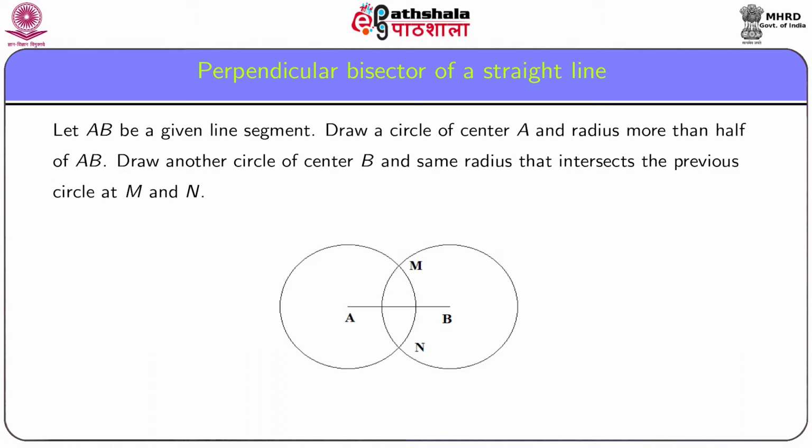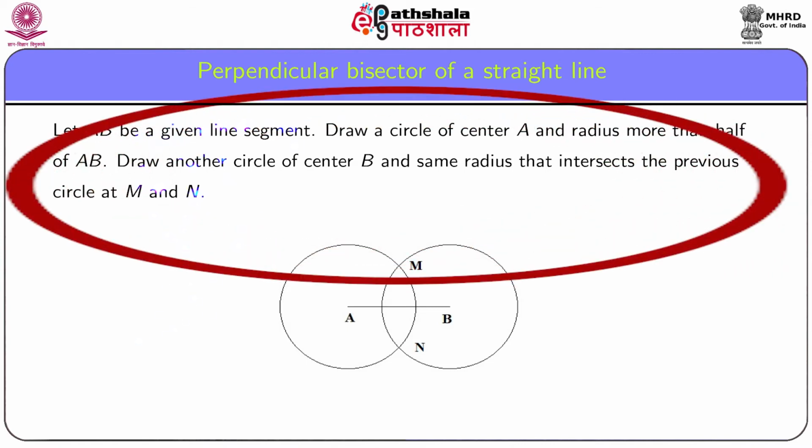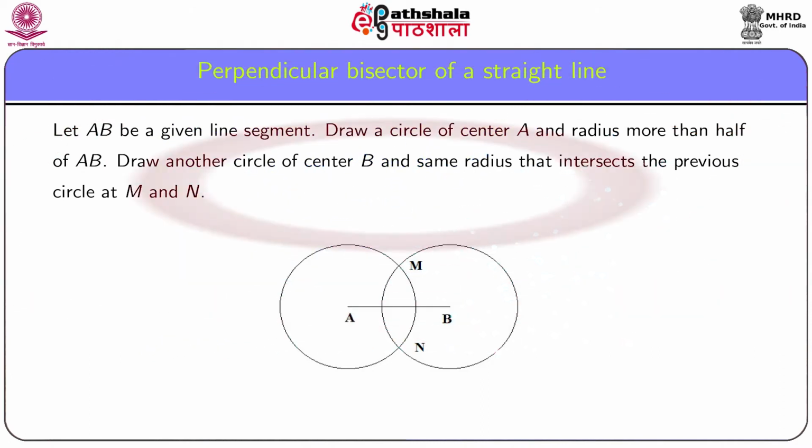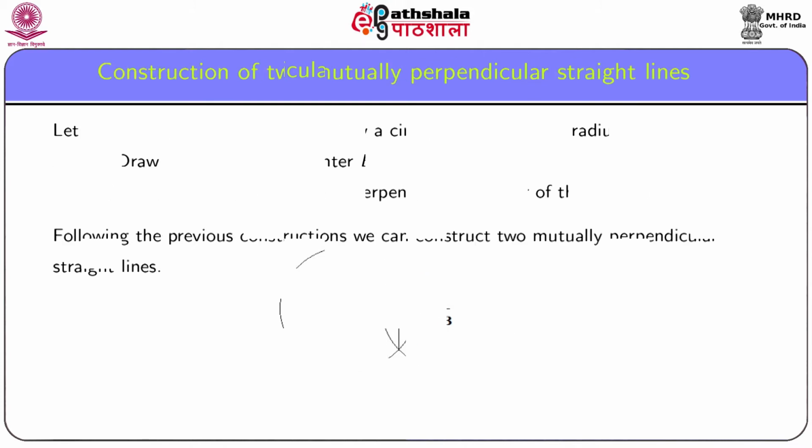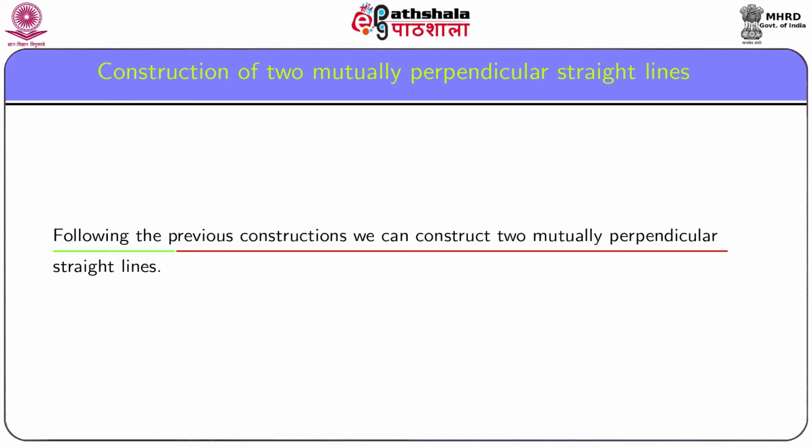Then draw another circle of center B and the same radius. Suppose the latter circle intersects the previous circle at M and N. Then MN is the perpendicular bisector of the line segment AB. Following this construction, we can construct two mutually perpendicular straight lines.